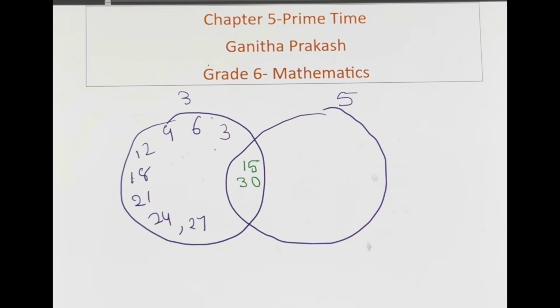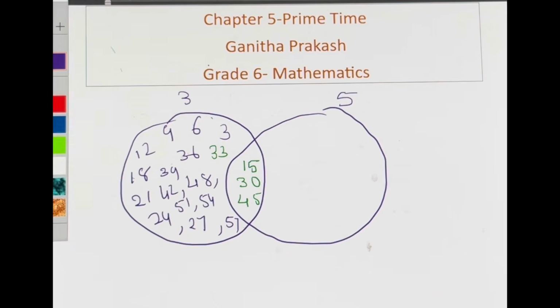Now comes 33, 36, 39, 42. Then 45 again will be in the center because it is common for both. Here you can see the table of 15. 45, then 48, 51, 54, and 57. Right? These are multiples of 3 and common ones written over here.